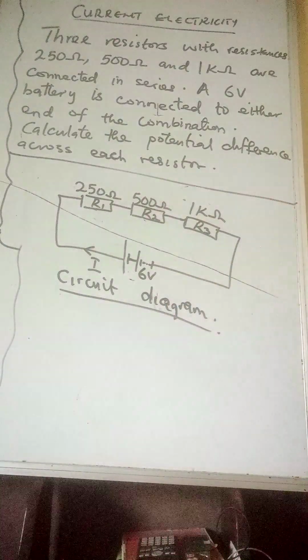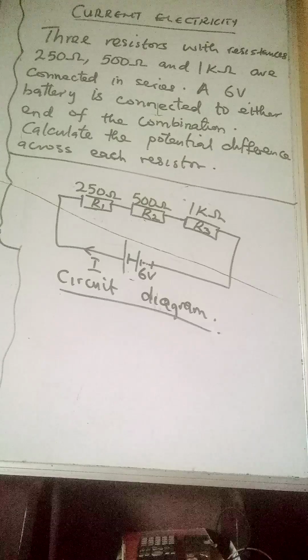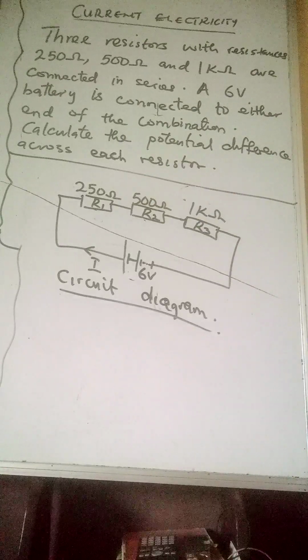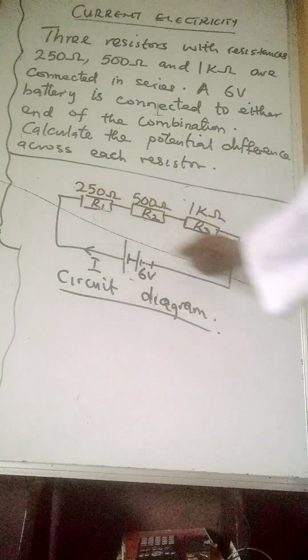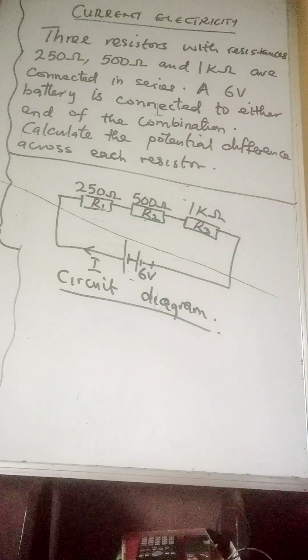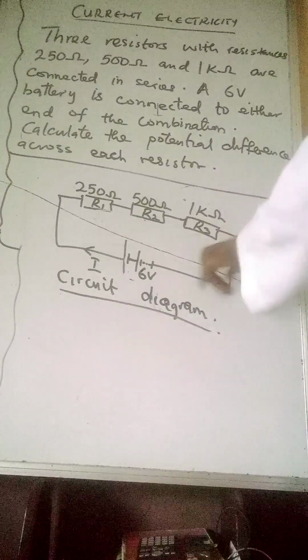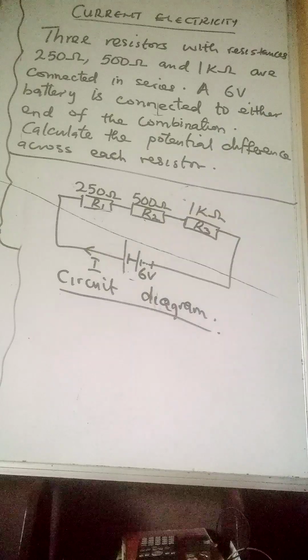This is the circuit diagram for the question on the board. In my previous video, I've explained all this arrangement. The horizontal arrangement of resistors like this represents series arrangement. And since we have a 6-volt battery connected to all of them, this is the 6-volt battery here. So this is the direction of current.